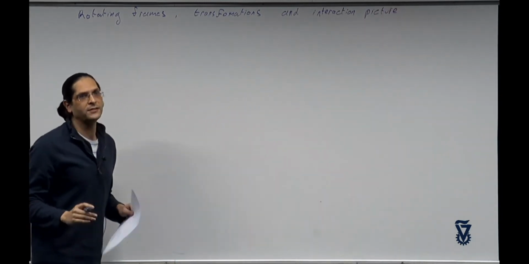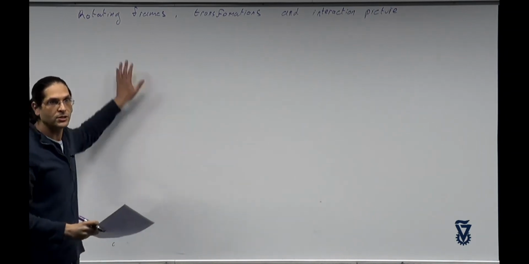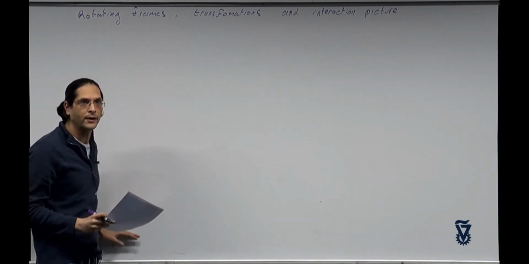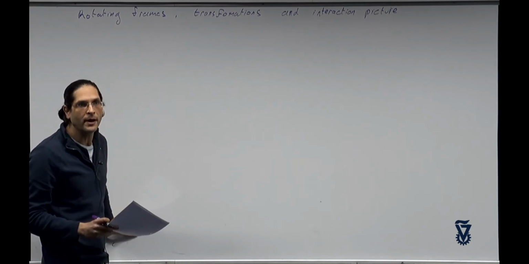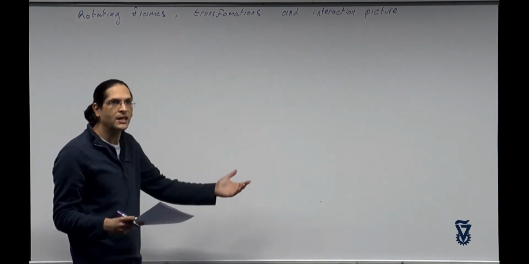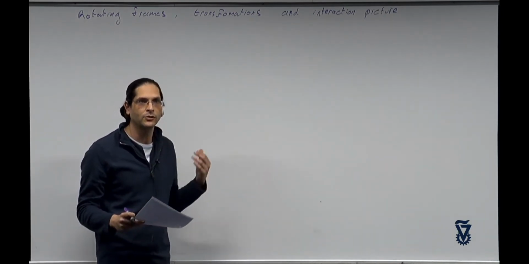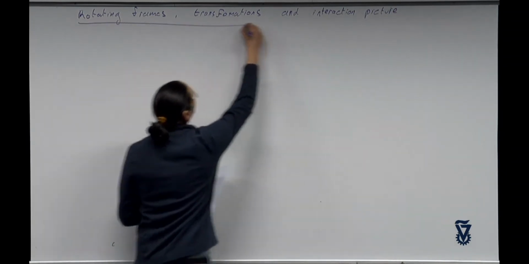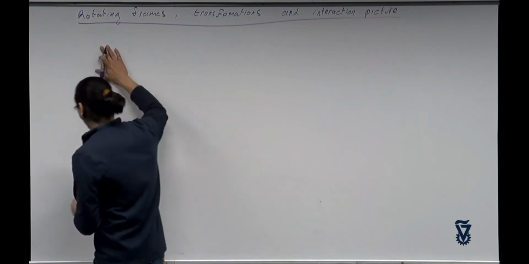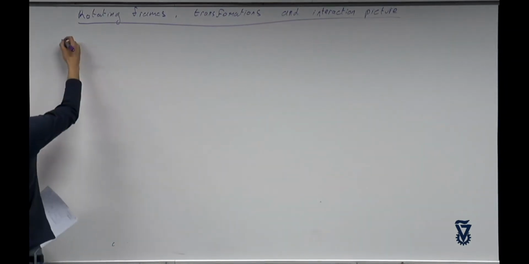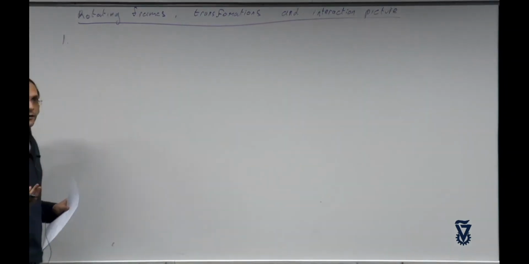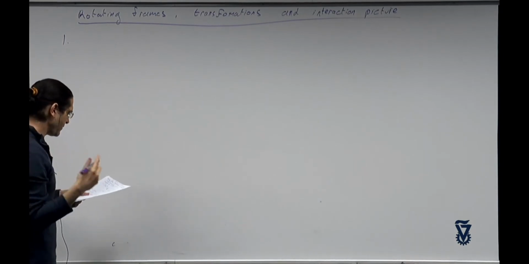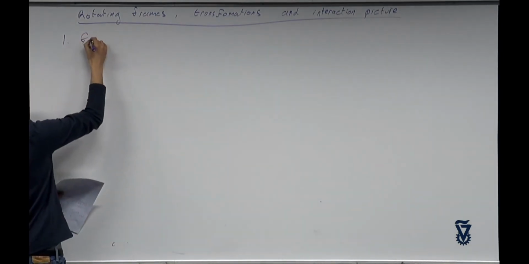Now you've seen all these things before. I'm just going to give a quick reminder on the board, because once I write a quick reminder of these things on the board, then the steps of the rotating wave approximation are going to be much simpler. Okay? So three things I'm going to do right now on this board. The first thing is a reminder, and I think I did this also at the beginning of the semester, is a general transformation.